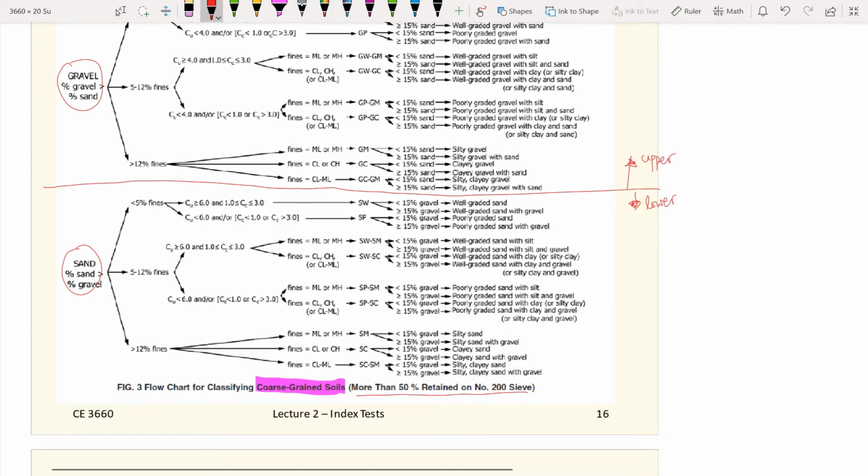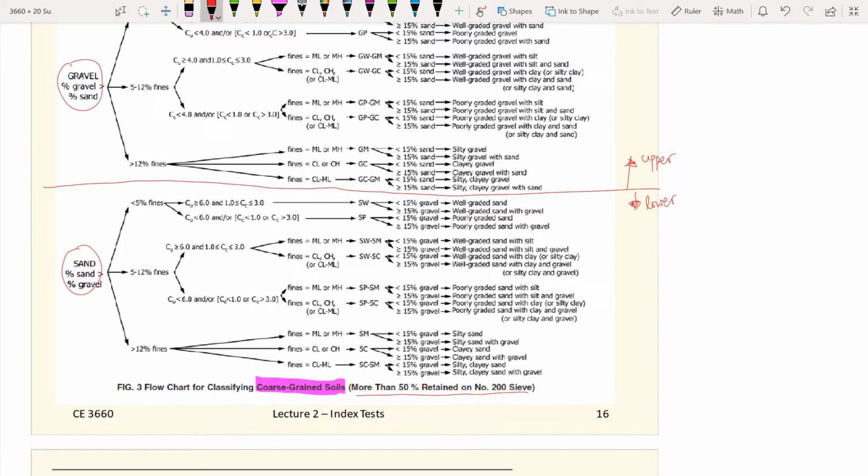In order to use those standards at the practice level, you need to be very precise, very organized, and also pay attention to all the details, right? Because we talk about 50% passing, more than 50% and less than 50% retained on number 200.